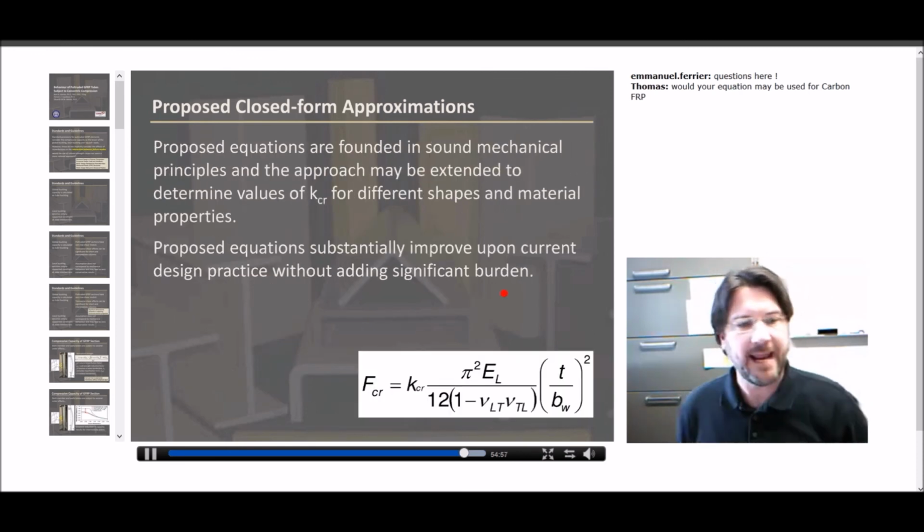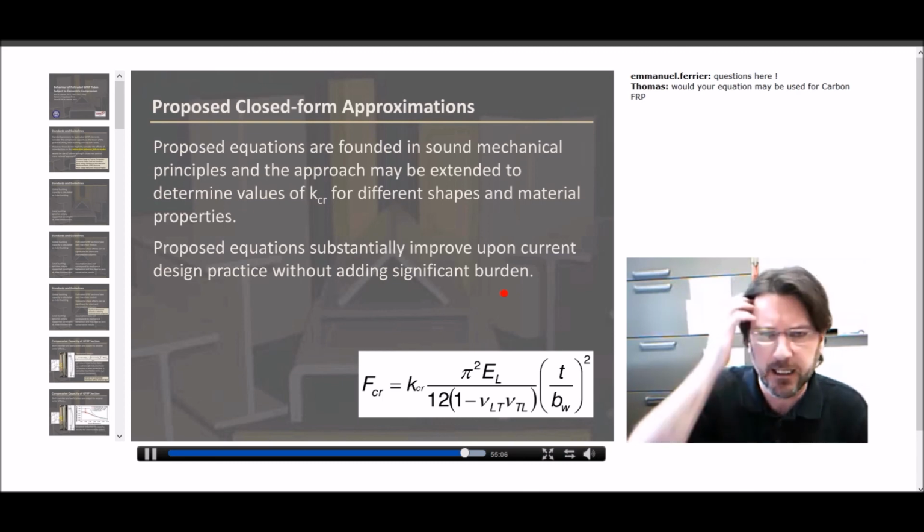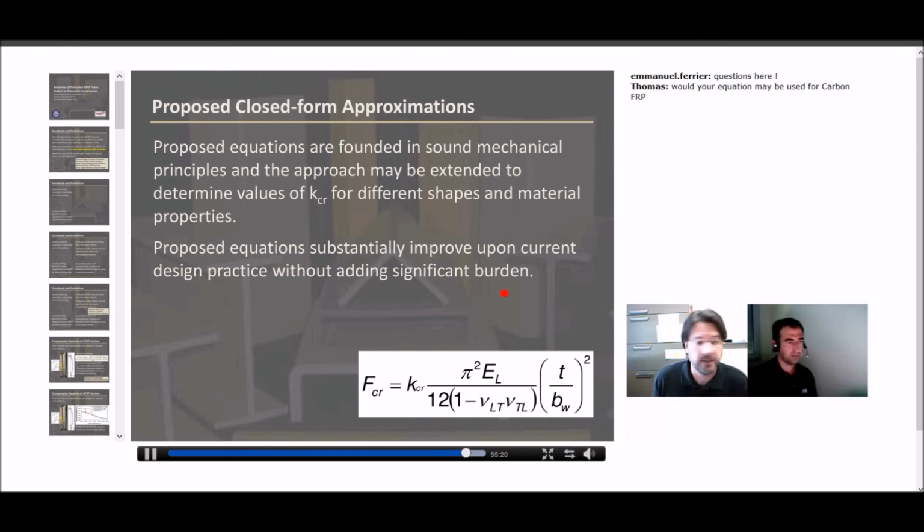In terms of mechanical behavior and buckling behavior, we have not experimentally looked at carbon because nobody's really pultruding carbon shapes particularly. I suspect they'd be very expensive, but there's no reason. This is based on fundamental mechanics. From a buckling perspective, I see no reason why a CFRP plate would behave any differently than a GFRP plate. And so it could certainly be extended. My opinion is that yes, it could definitely be extended to carbon, to aramid, to any other FRP.